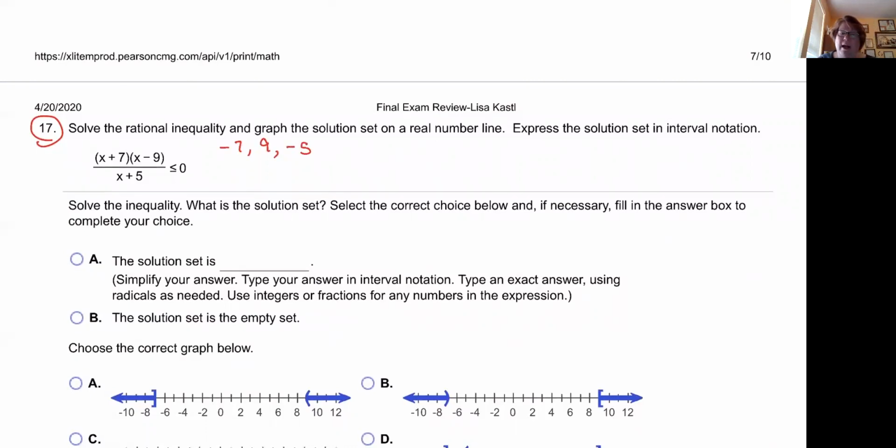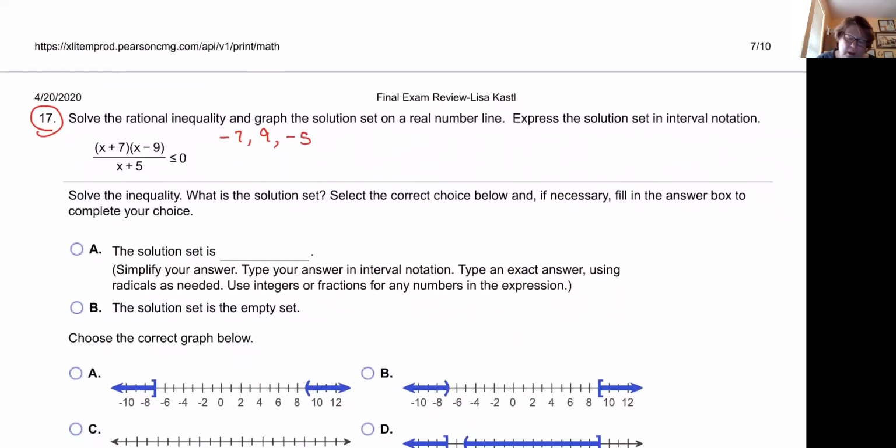So what I have here, if I look at the number line, -7, -5, and 9, I have these intervals here. Okay?